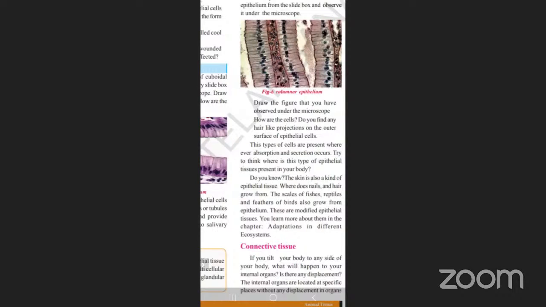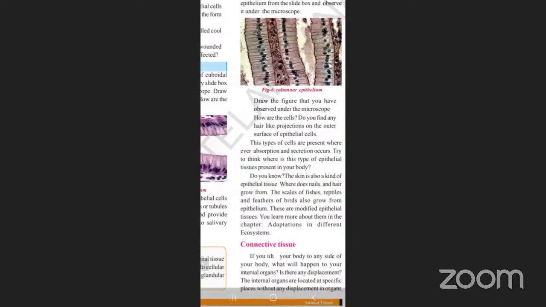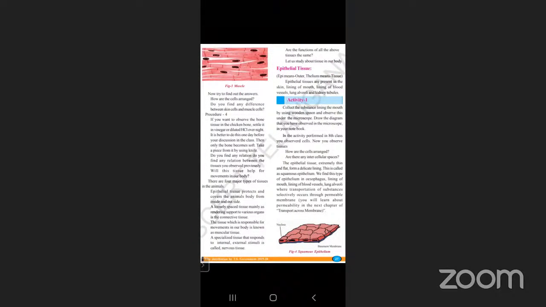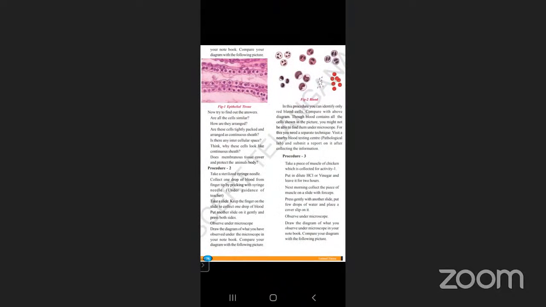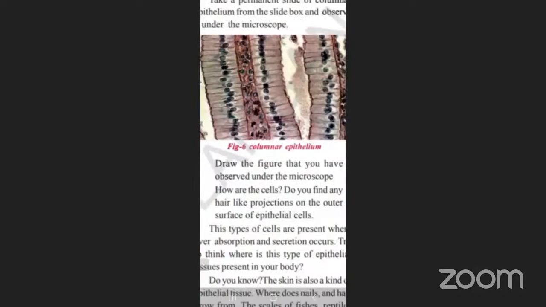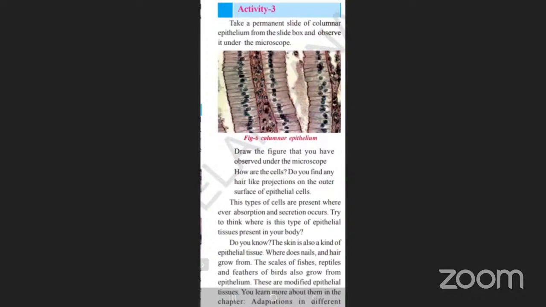That will be in your higher education, so we have to practice from now itself. When you see any structure, you should think in your mind: oh, this is columnar epithelial tissue. So draw the figure that you observed under the microscope.